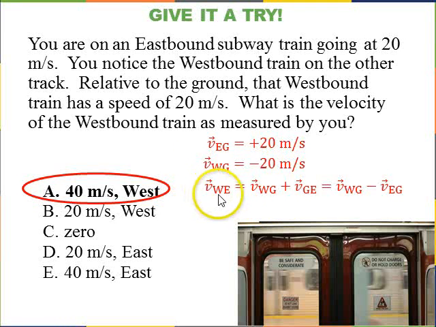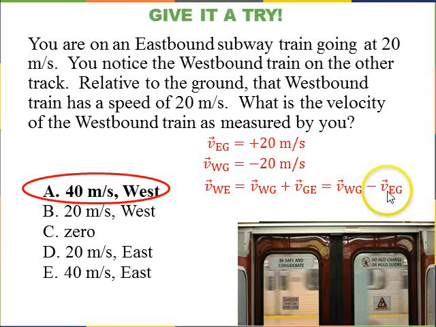And then your equation looks like this. You want to know the velocity of the westbound train relative to you on the eastbound train. So it's v sub we. So that's going to be wg plus ge. I've arranged this so that the inner g's cancel. But we don't know the velocity of the ground relative to the eastbound train, so we're going to reverse this by changing it to negative.